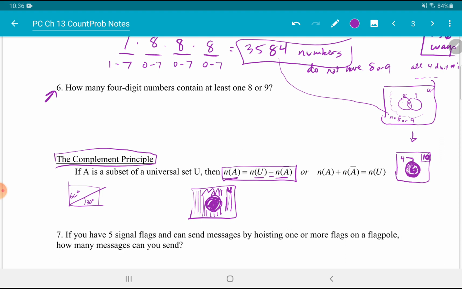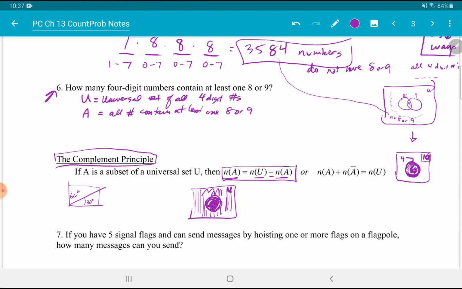But the idea here is that if let's say we make the universal set equal, here's our universal set, which is the set of all 4-digit numbers, we can consider how we knew from problem number 5 that maybe A, that Venn diagram, that circle, would be all numbers that contain at least 1, 8, or 9.